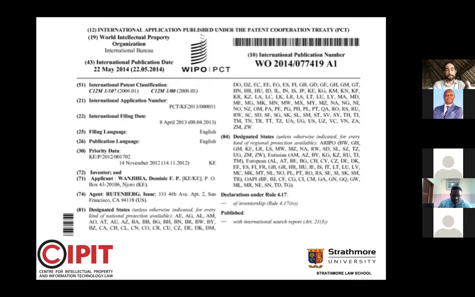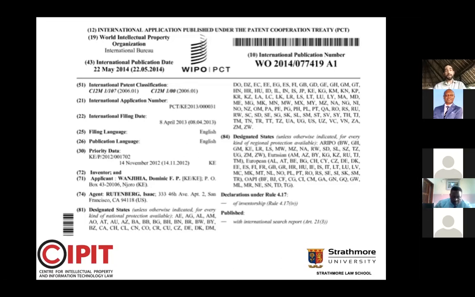Not literally, we didn't actually go to the PCT, but we filed this on that day. But we claimed priority to this earlier application that was filed in November of 2012. So the effective priority date of this application is the November 2012 date.